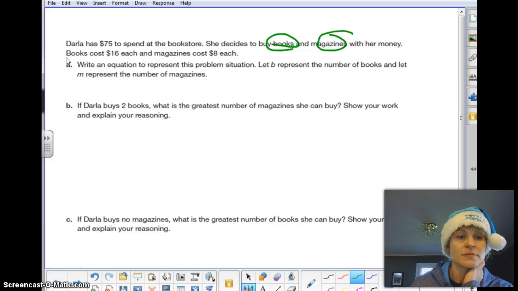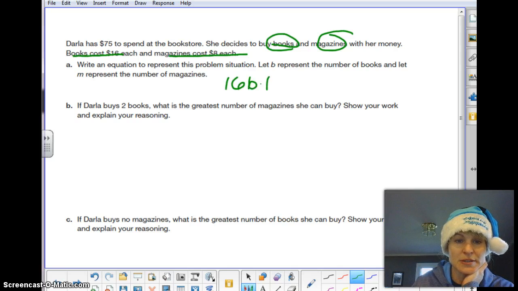And we know that books cost 16, magazines cost 8. And this is write an equation for this situation where B is the books and M is the magazines, right? So we can have 16 times the books plus 8 times the magazines.